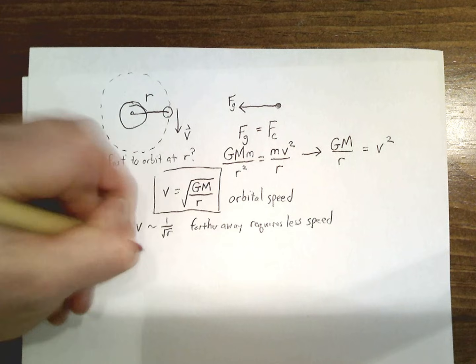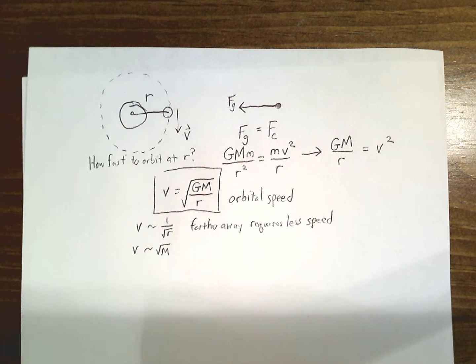We also scale v with the square root of M, which means you need to move faster to orbit at the same radius around a heavier object. You would need more speed to orbit the Earth at a certain height than you would to orbit the moon, in other words.